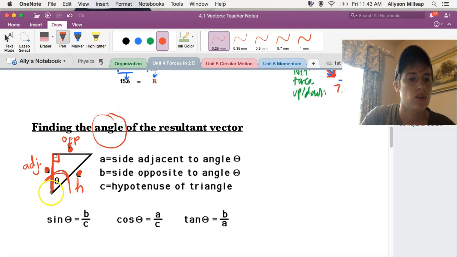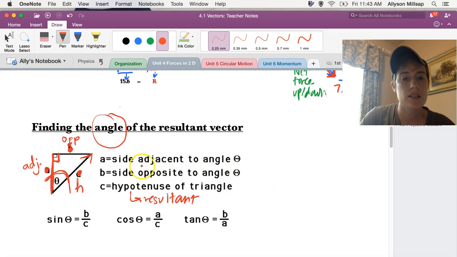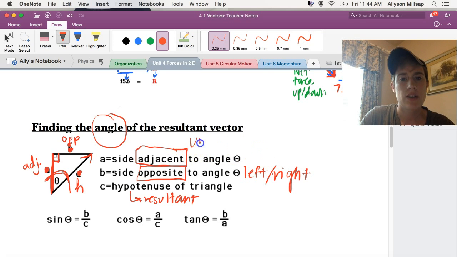So the long resultant end is your hypotenuse. That's your resultant vector. Your opposite vector will either be the vector to the left or the vector to the right. The adjacent vector is the vector going up or the vector going down.